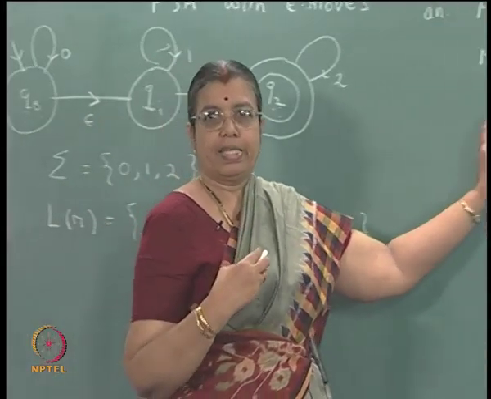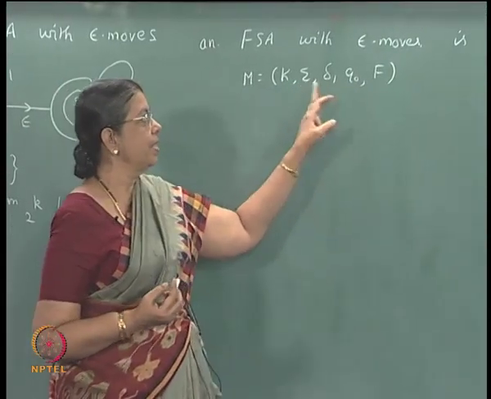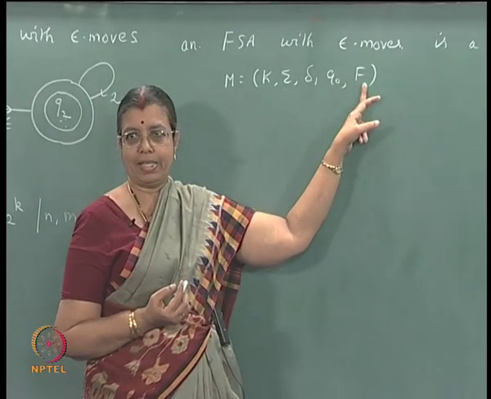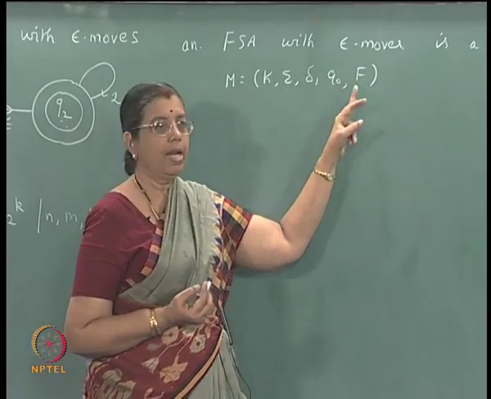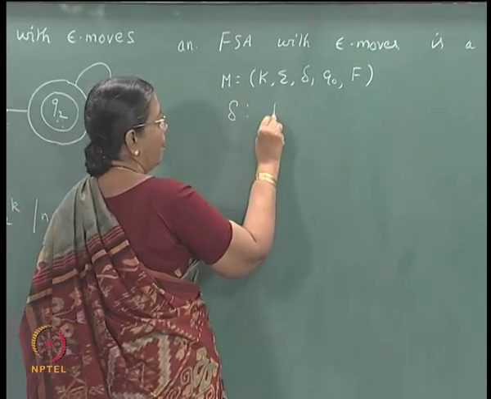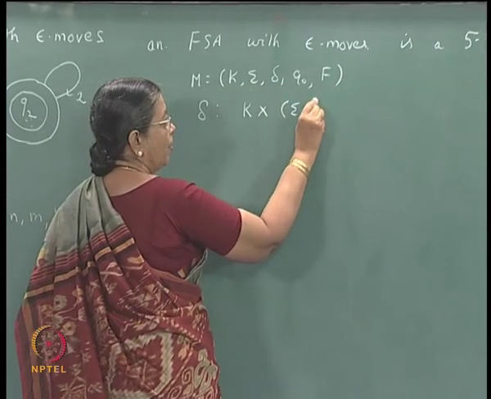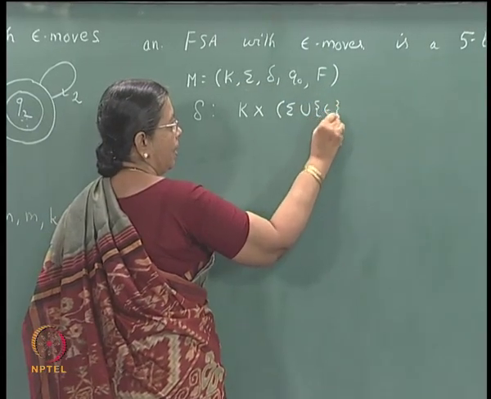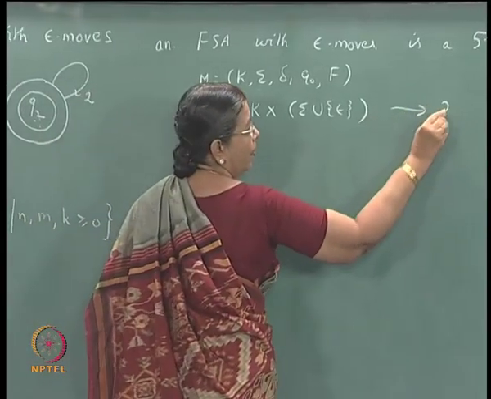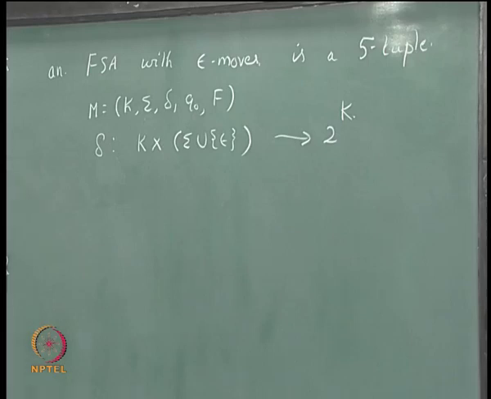K is a finite set of states as usual, sigma is a set of input symbols, q naught in K is the initial state, F is the set of final states. The only difference will come in the delta mapping. Delta is a mapping now from K cross sigma union epsilon, into 2 power K, subsets of K.